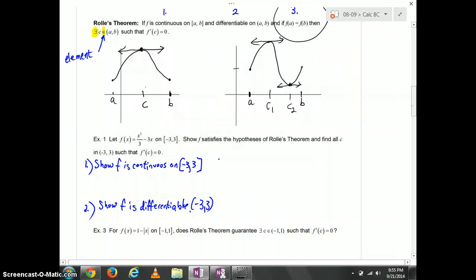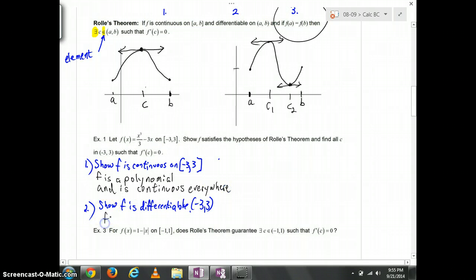So, how do we show f is continuous? Here's a wonderful shortcut. f is a polynomial, and polynomials are continuous everywhere. So that's wonderful. If you can make note of having a polynomial, you're going to be able to say that your function is continuous on any closed interval.